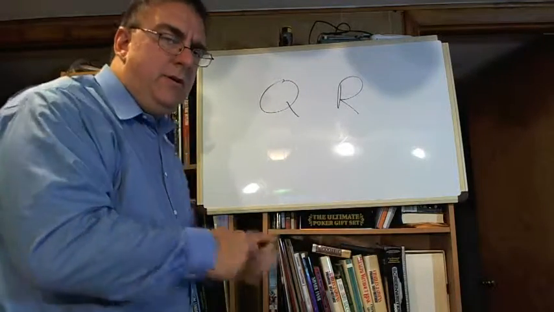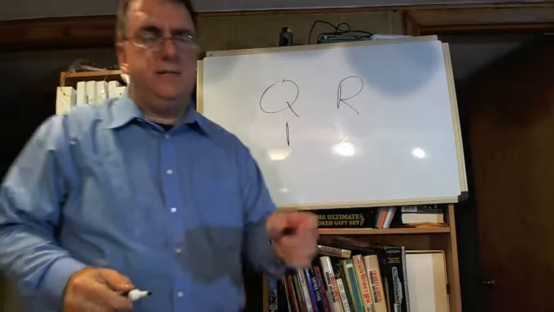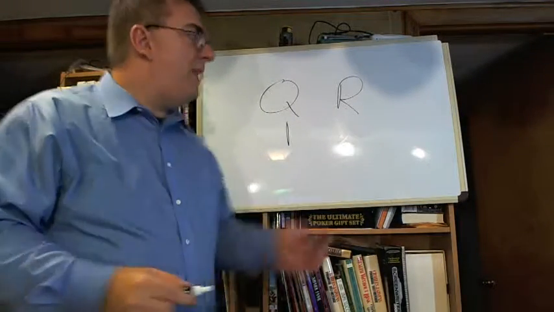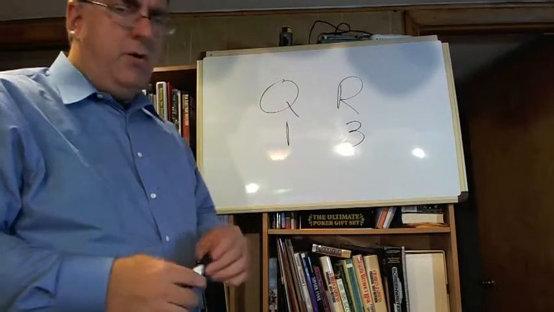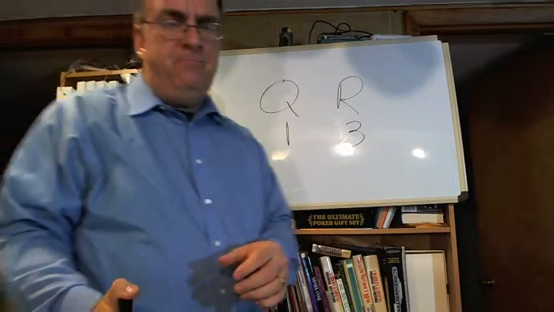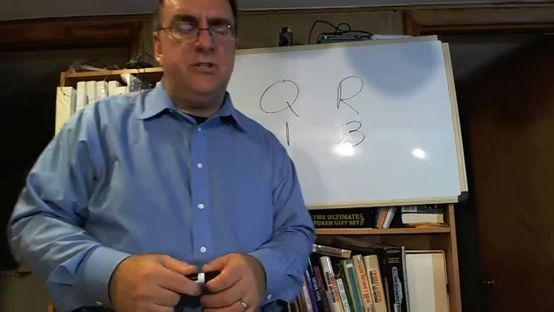We want an odd number. Q and R are odd. Great, 1. Excellent choice. And Michael, what value might we pick for R? 3. Another excellent choice. 1 and 3, both odd numbers. So let's plug those numbers in for Q and R and work through the answer choices.